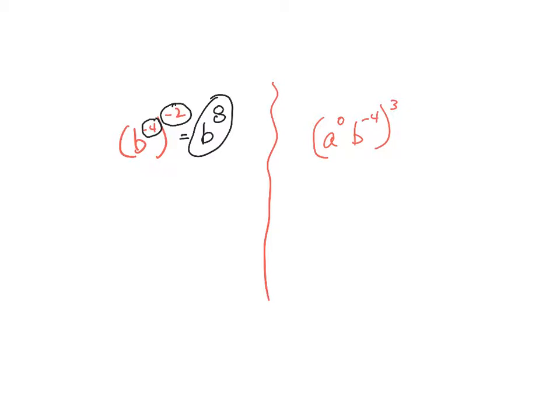When I take a look at the one on the right, remember, anything to the 0 power is equal to 1. So I can really get rid of this right away and just say that's equal to 1. Now I have b to the negative 4th to the 3rd, and I'm going to multiply negative 4 times 3. So I get b to the negative 12.